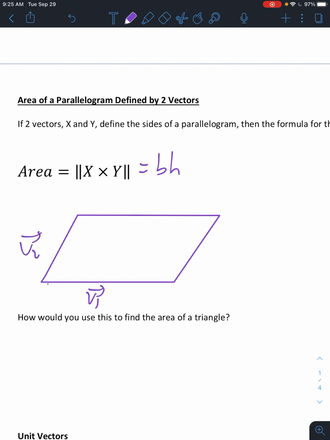The base of this parallelogram is just vector 1, so it's the magnitude of vector 1. And the height of it, if we were to draw this in, we call this angle theta down here. Some simple right triangle trigonometry would tell us that the height is going to be the magnitude of v2 sine theta.